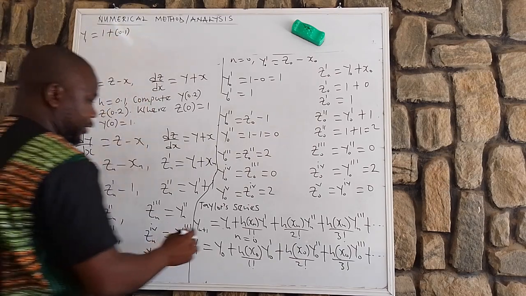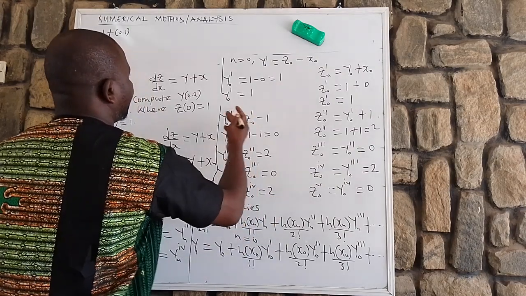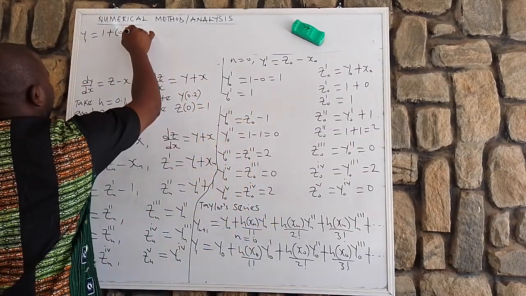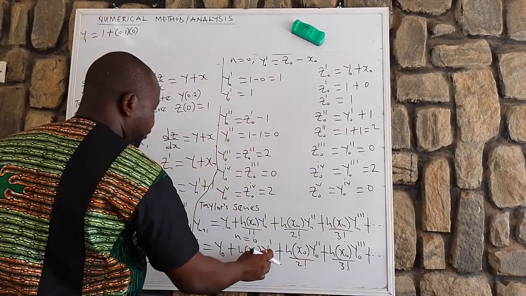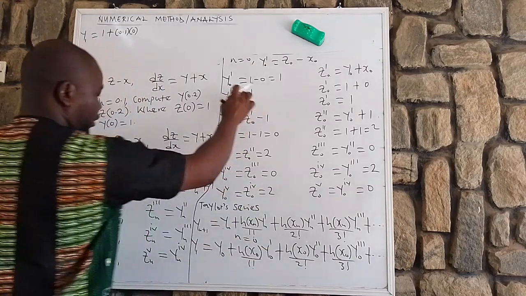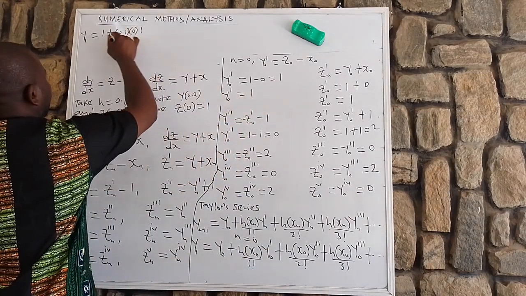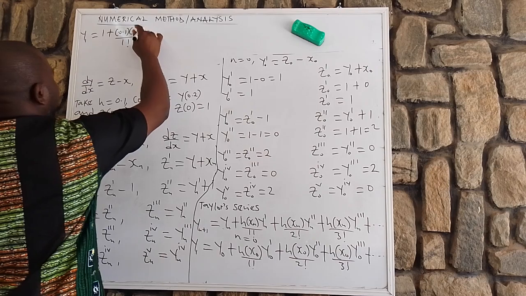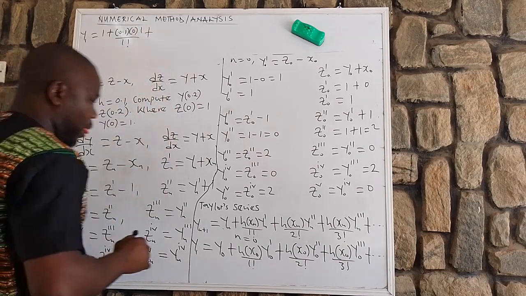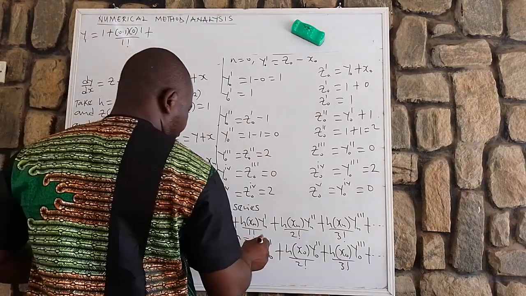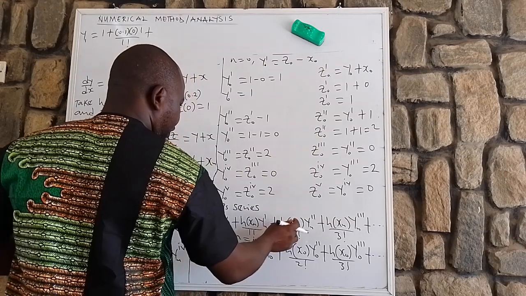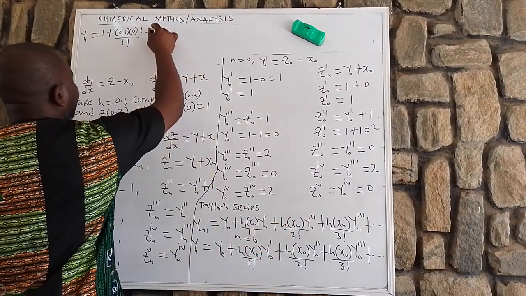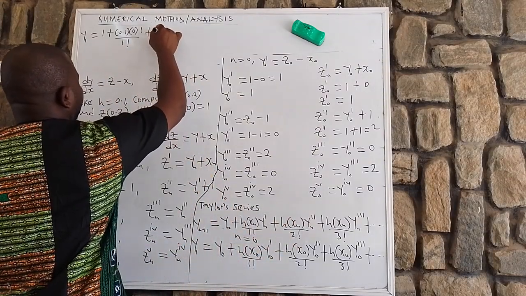If h is 0.1, then x naught is what? 0, isn't it? Times 0. The y prime naught is 1 times 1 all over 1 factorial, plus the same thing applicable with h.